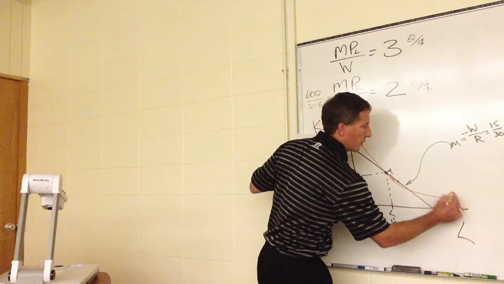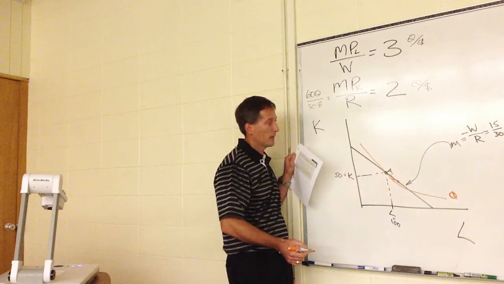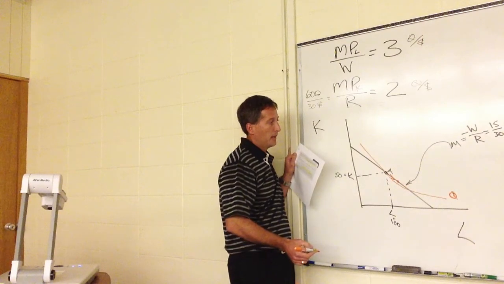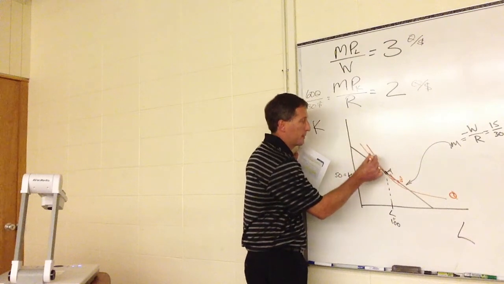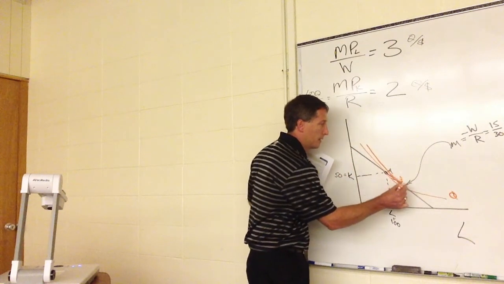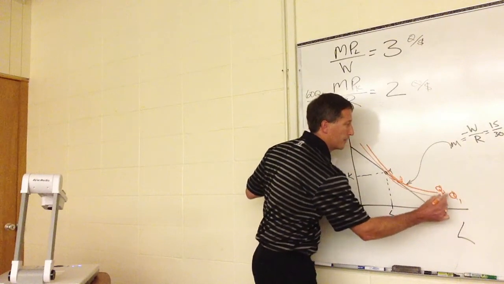So we had an ISO quant that looks something like that. And spending the same amount of money we were before, we could produce more and not cost ourselves a dime.